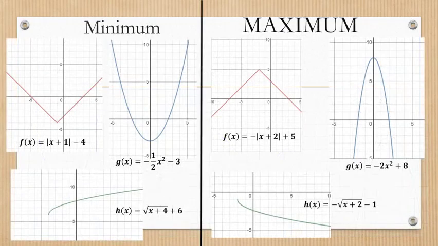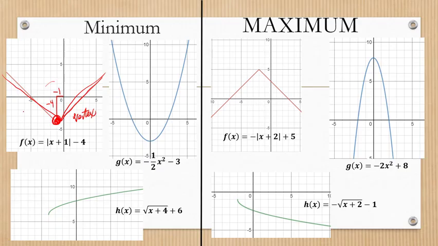Okay, minimums. For minimums, the graph is going to open up like this one. Remember, a min or max is another name for a vertex. However, this coordinate here is -1, down 4, so the coordinate is -1, -4.